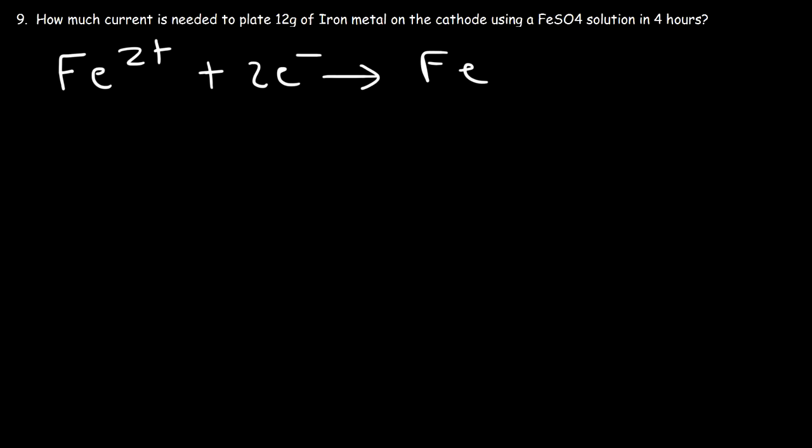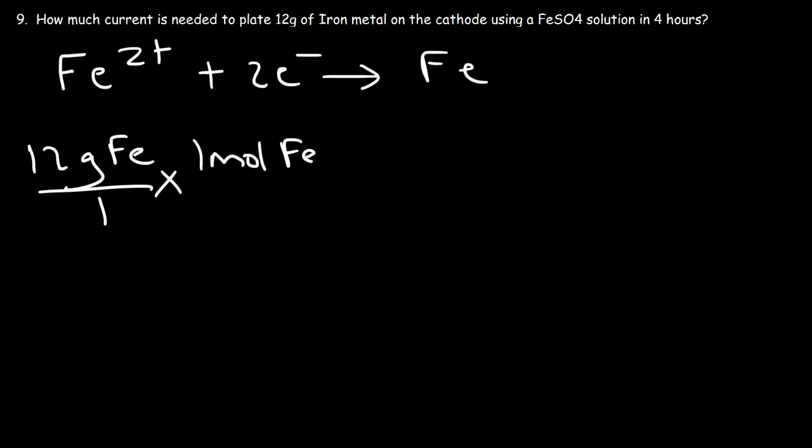So now, if we're given a mass, how can we calculate the current? My recommendation is to start with the mass. So we have 12 grams of iron metal, and then convert it to moles using the molar mass. So the molar mass of Fe is about 55.85 grams per mole. So 1 mole is 55.85 grams.